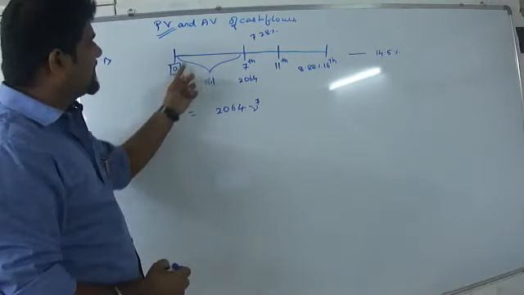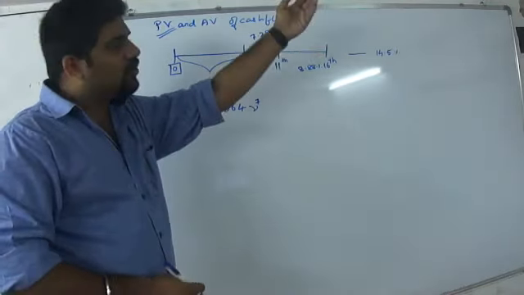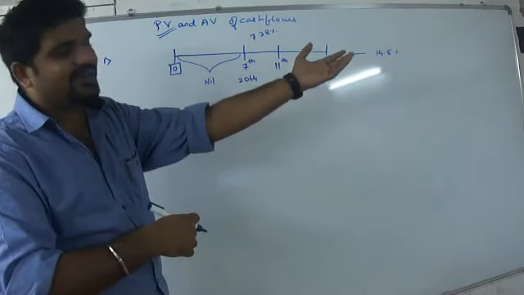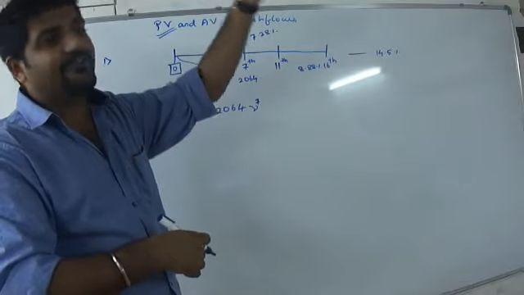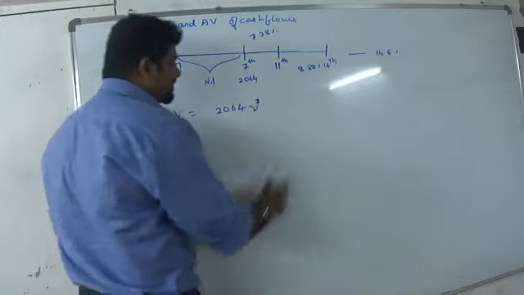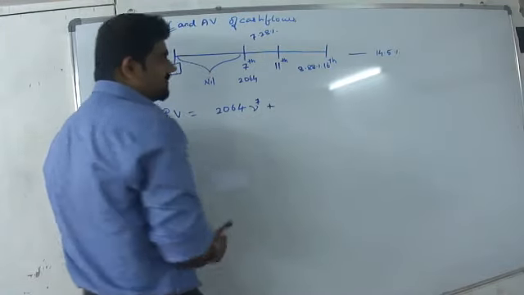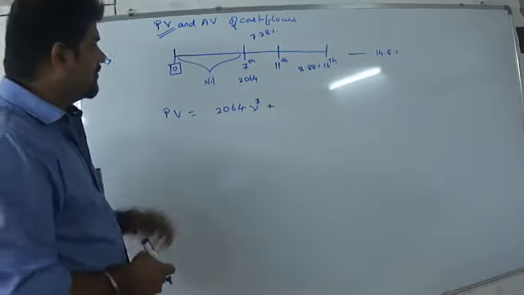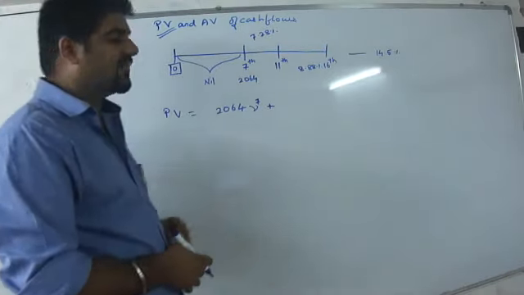Why 7? Because it is 7 years in future. So to bring it back to the present, I need to apply a discounting factor and raise it for every year that it has passed. So that means I have to raise it for the 7 years. Plus, we want to know the present value of the entire sum, so we need to add all the payments to get it to the present value.